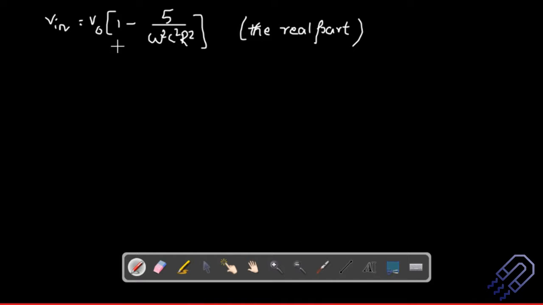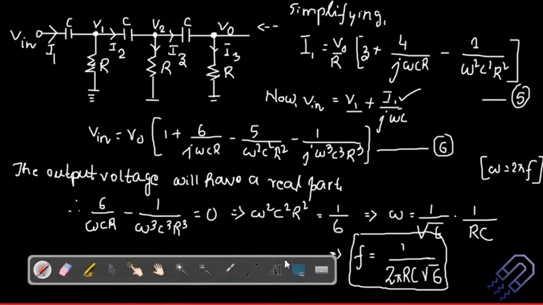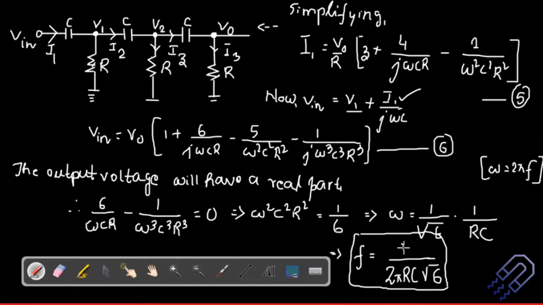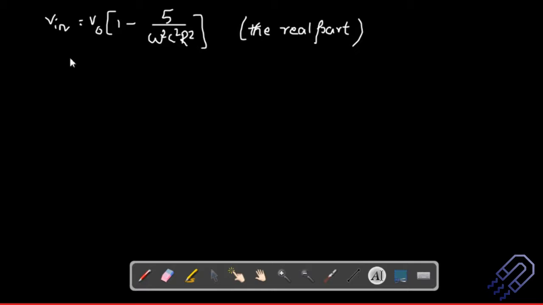So please remember that we have actually used the imaginary part to find out the frequency. So at this particular frequency, the imaginary part will vanish. That is the frequency that we are looking for. So the real part is this.